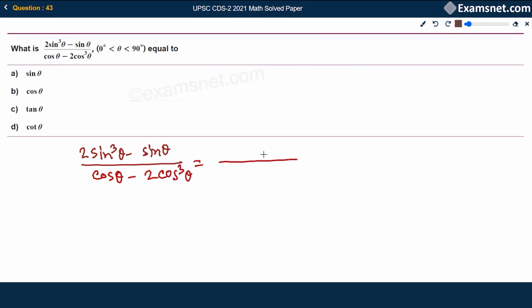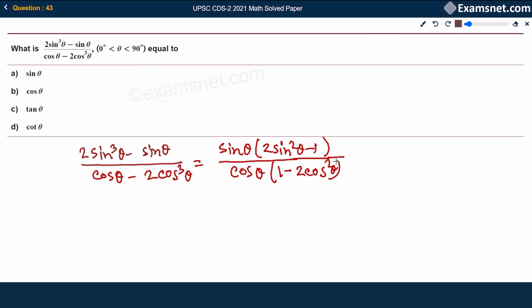We can take sine theta common. It becomes 2 sine squared theta minus 1 by, after taking cos theta common, 1 minus 2 cos square theta.